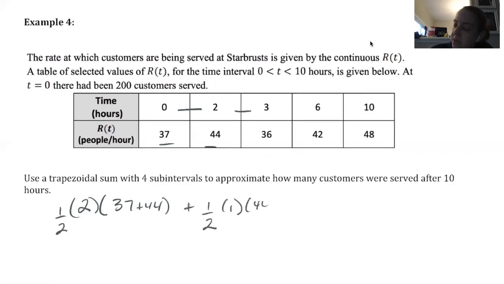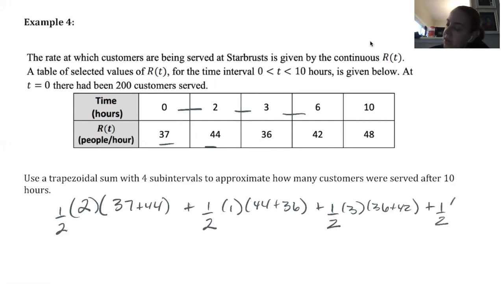My 2 bases are 44 plus 36. Plus 1/2. The next width is 3, 36 plus 42. My next trapezoid is a width of 4, and 42 plus 48. All right, there we go. There's our area.